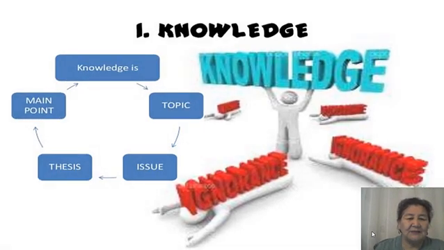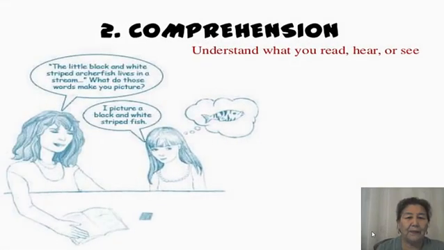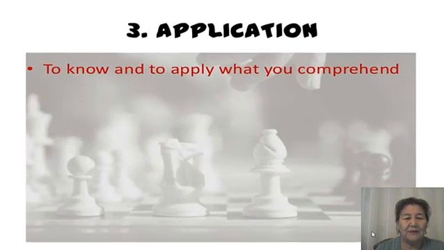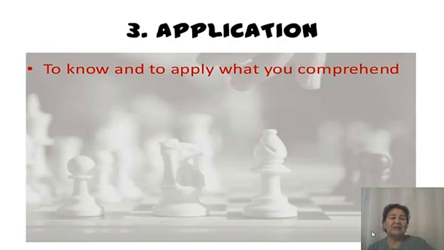Knowledge is the main point. It's a topic, issue, thesis. Comprehension: in comprehension, our students understand what they read, hear or see. Third, application. Here our students know and apply what they comprehend.